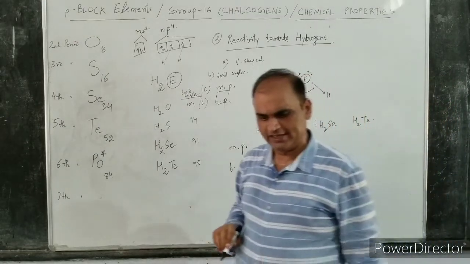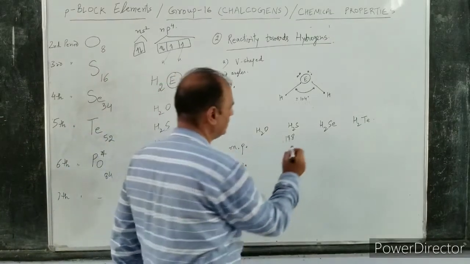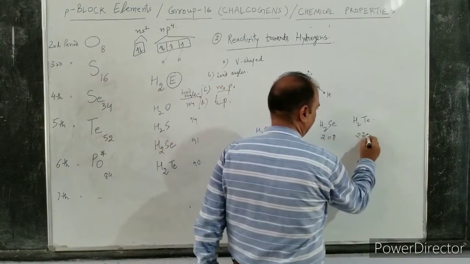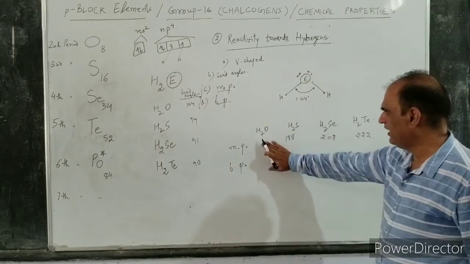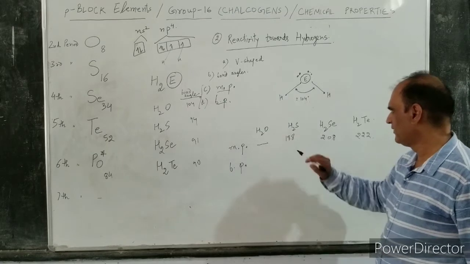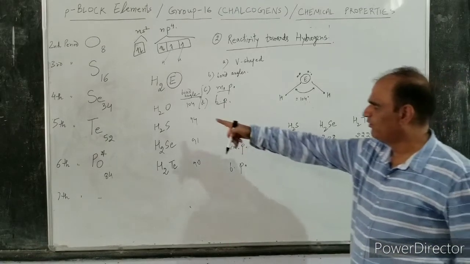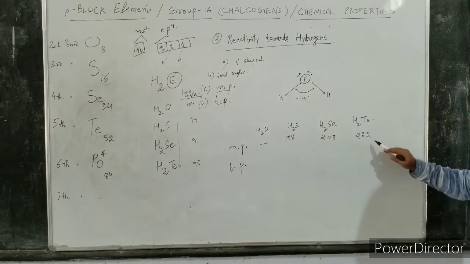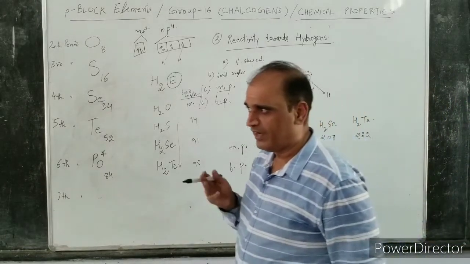And the melting point of H2Se is 208 Kelvin and of H2Te 222 Kelvin. What do you see? I have knowingly kept it blank. If you compare these three, you see that on moving down the group, melting point goes on increasing. It is just increasing. Why?